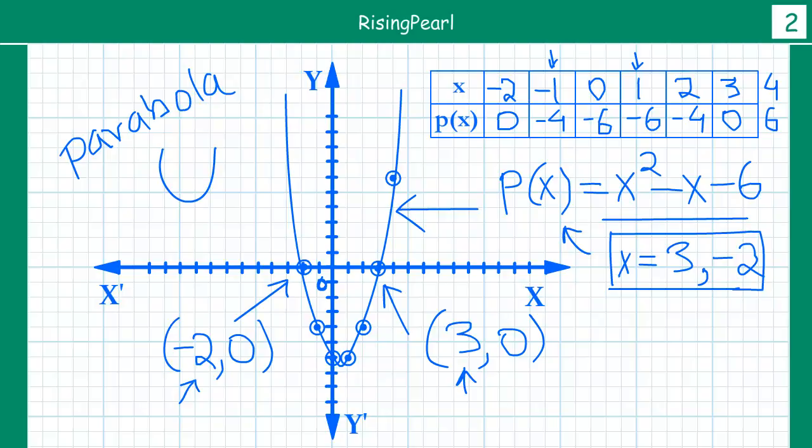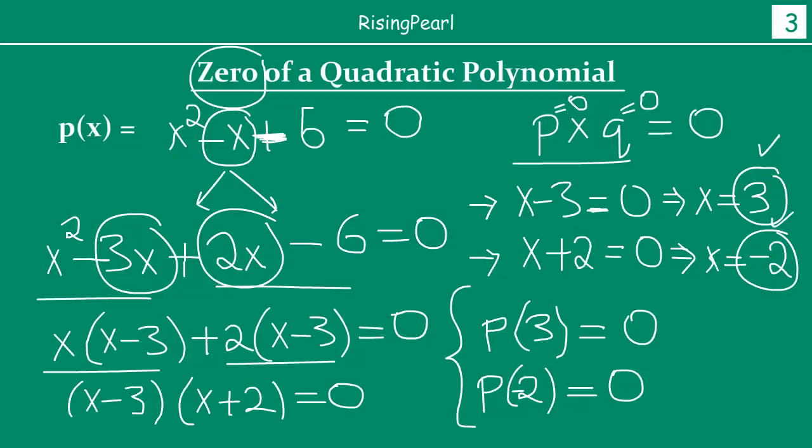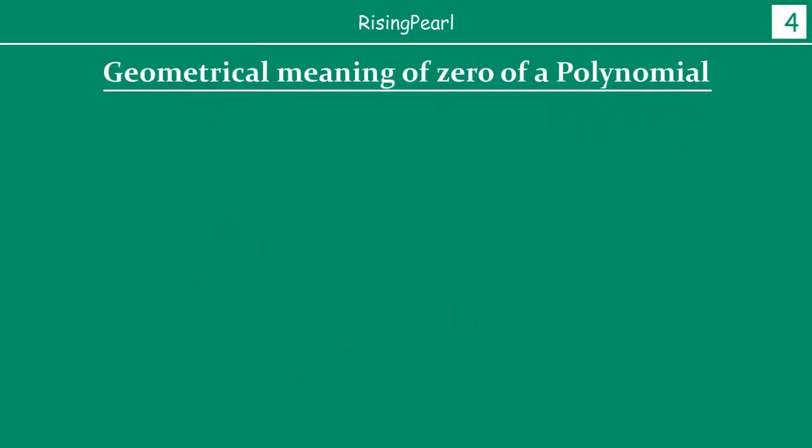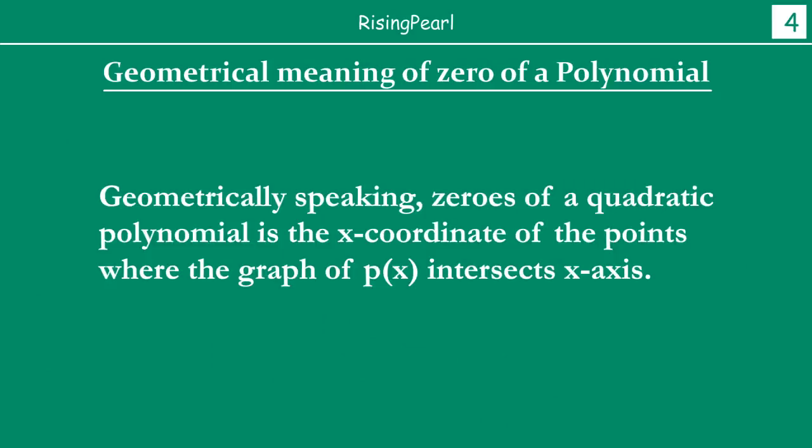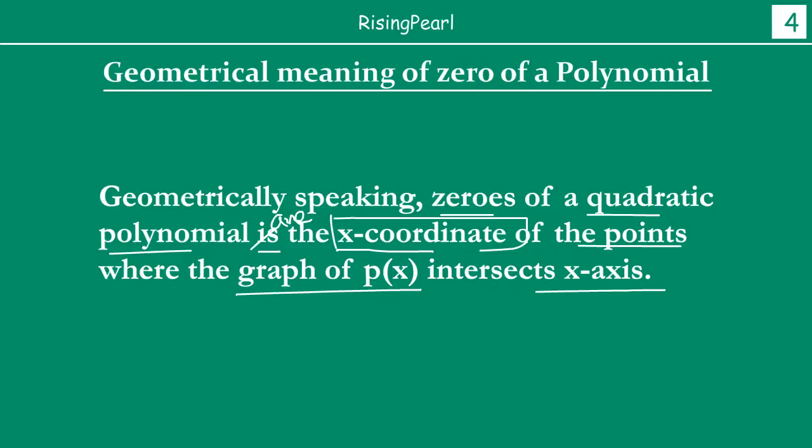In other words, if we now go back and take a look at the geometrical meaning of a zero of a quadratic polynomial, we can say that geometrically speaking, the zeros of a quadratic polynomial are the x coordinates of the points where the graph of p(x) intersects the x-axis, as we have just seen.